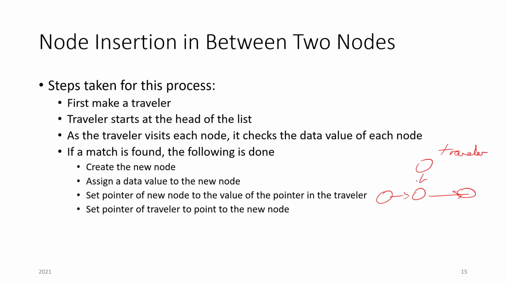So if the traveler here was at this point, and we have our new node here, call this NN, and it already initializes all our data and so forth. So because the traveler here, I'm just putting an X here, at this point, the traveler needs to make sure that this new node here grabs this pointer that exists from this particular node.